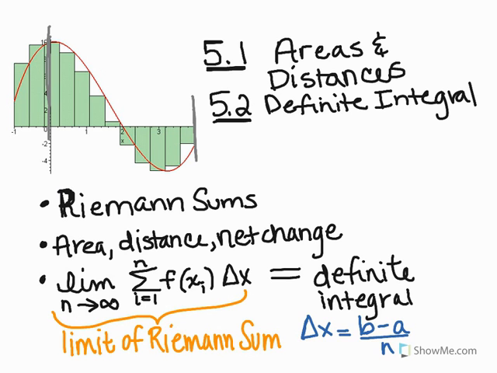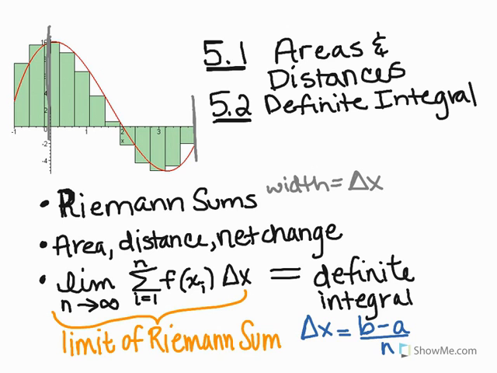Bad picture, but we can pretend that they've divided this area into 10 rectangles of equal width, and the width is delta x of the rectangles.